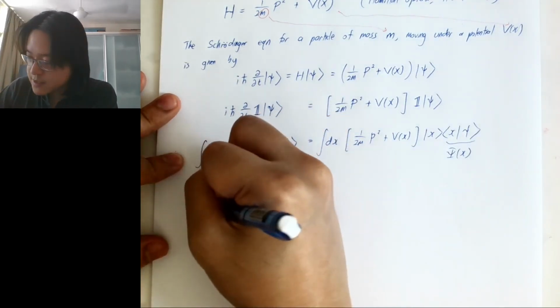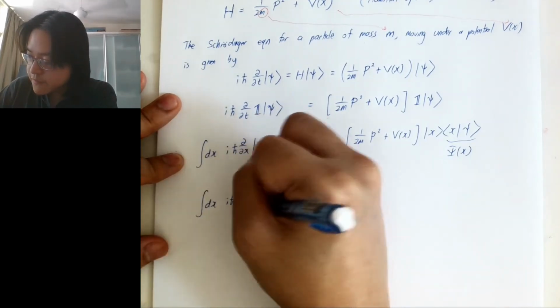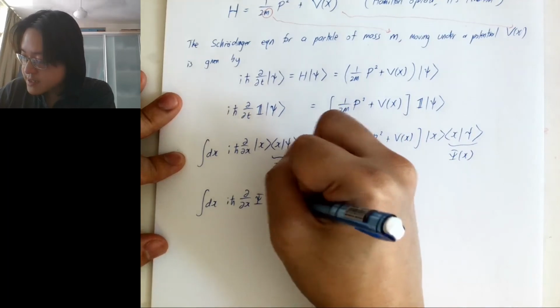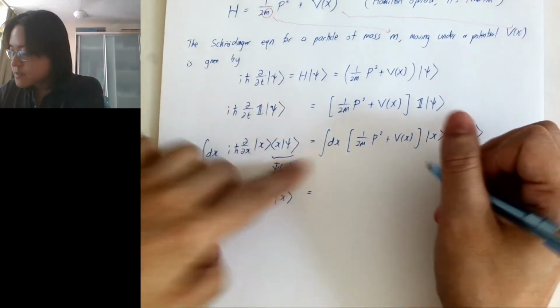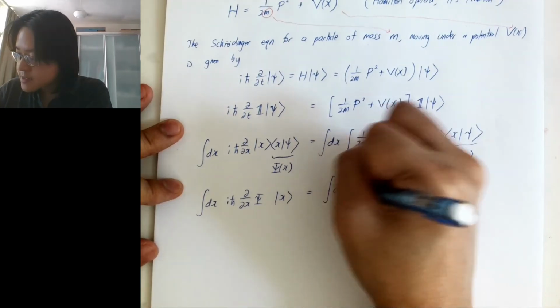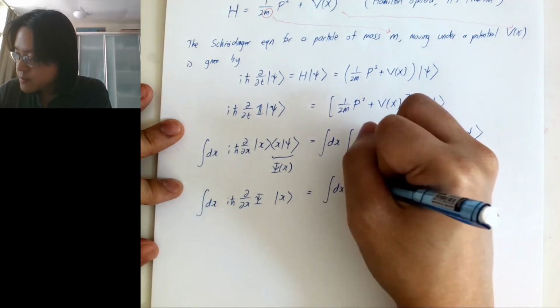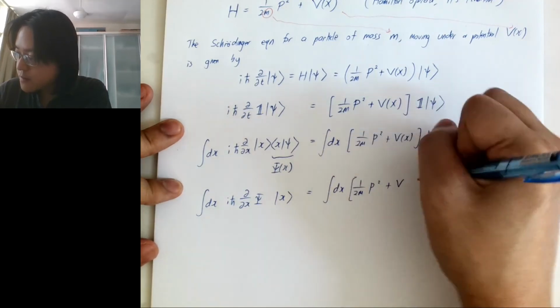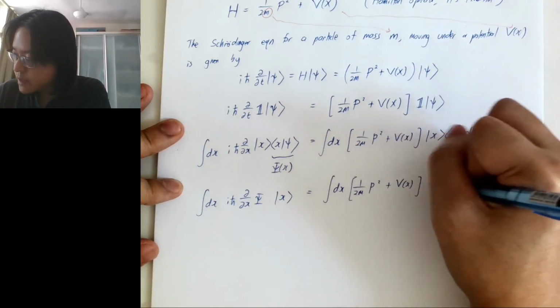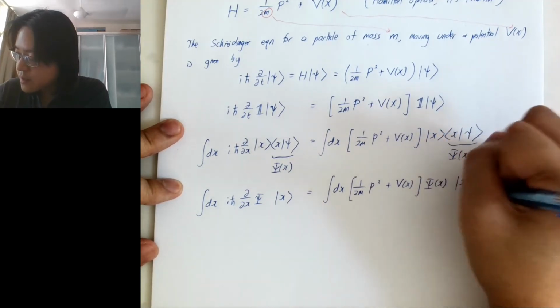So what I got is the integral dx, i h bar d/dx of the position wave function, and then in the basis x. The same story happens here: the integral dx, 1 over 2m p squared plus V(x), and then the position wave function, acting on x.